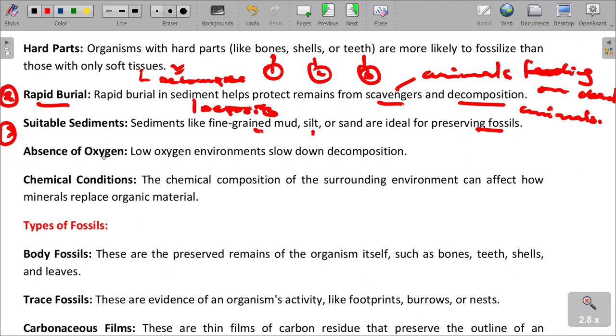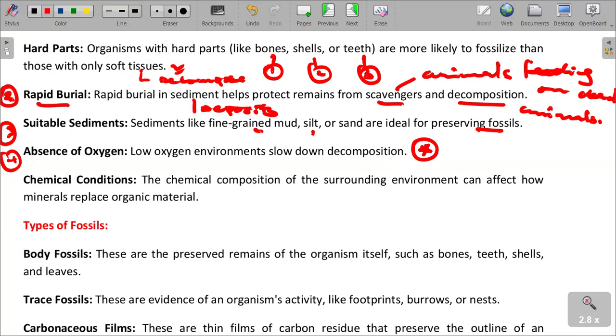And then absence of oxygen is number four. Low oxygen in the environment slows down decomposition. So the body of the organism cannot decompose, but it can just dry and become an intact, buried, dead carcass.